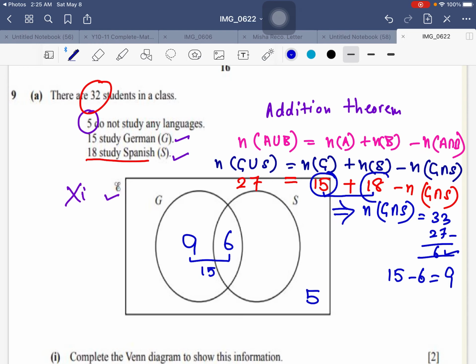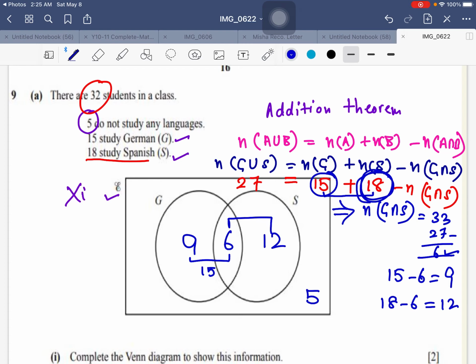Likewise, the people learning Spanish language are 18, common is 6, 18 minus 6 is 12. So only students learning Spanish is 12 here. Now you can see that 6 plus 12 is 18.